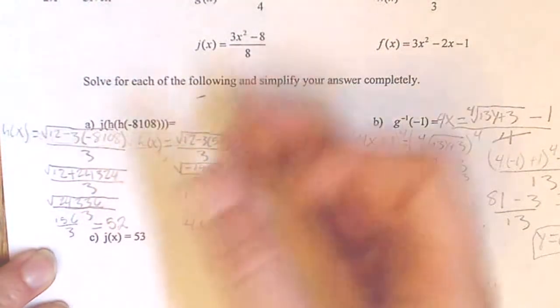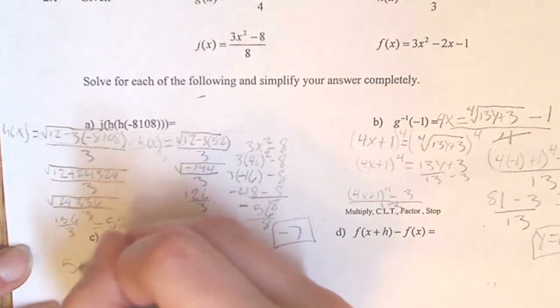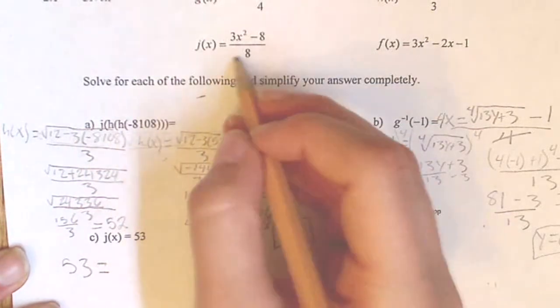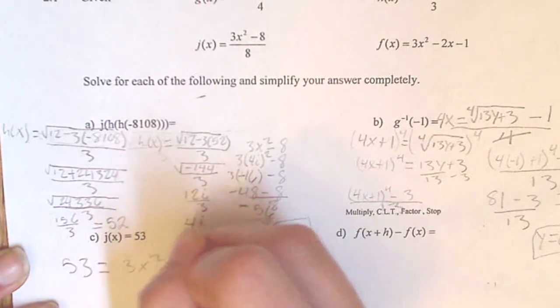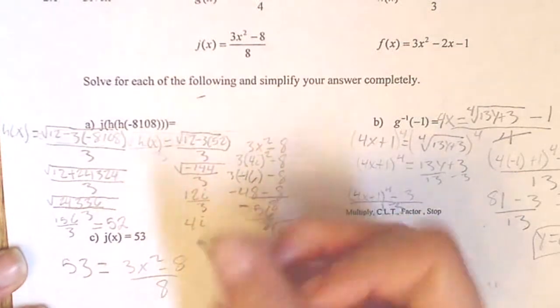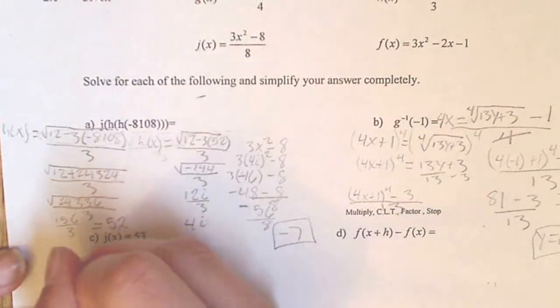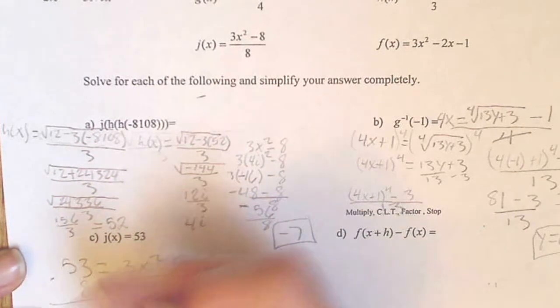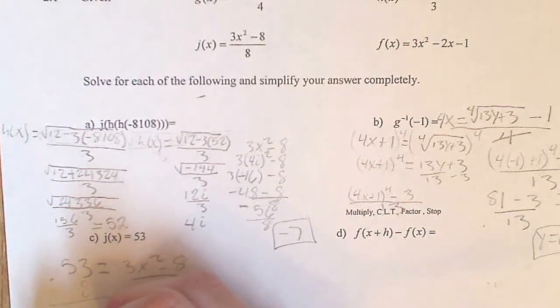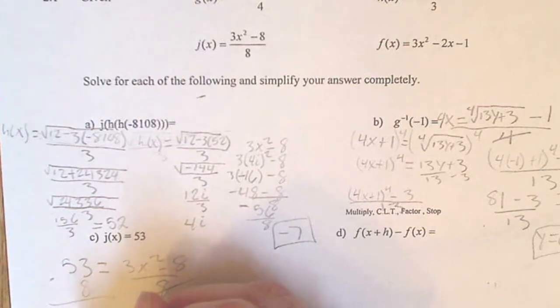And then for C, you're going to plug in 53 for the j of x. So 53 is equal to this equation, 3x squared minus 8 over 8. The first thing you do is multiply by 8. So times 8, you get 424 equals 3x squared minus 8.